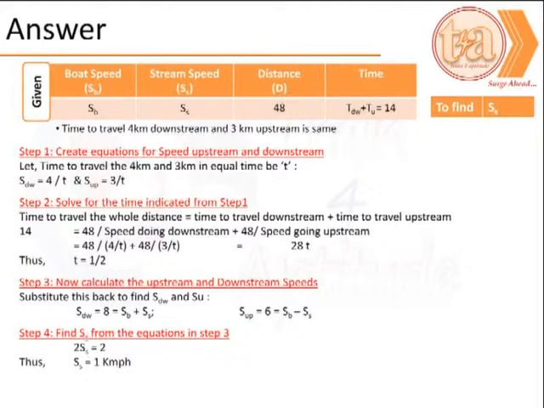Next, we calculate the speed with the other equation, that is, the speed of the boat plus speed of the stream is the speed downstream, that is SB plus SS is equal to 8 kilometers per hour. Similarly, SB minus SS is equal to 6. We next solve for the speed of the stream by subtracting the two equations. When we solve it, we find the speed of the stream is 1 kilometer per hour.